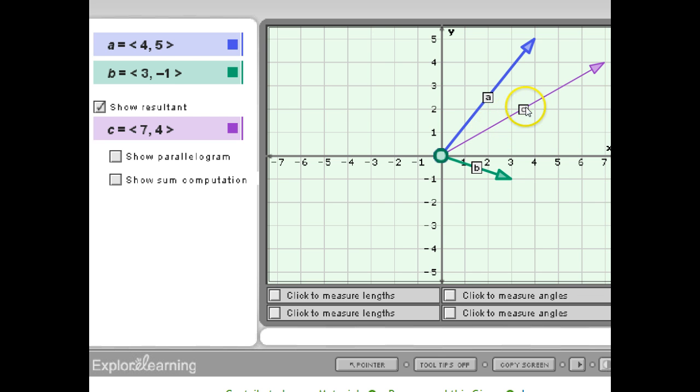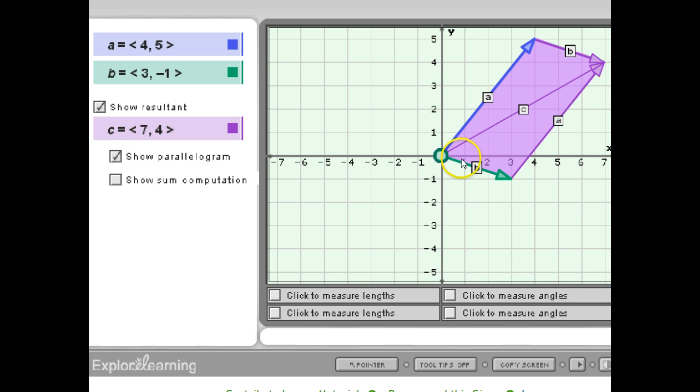The purple is the resultant, we call it. It's where the plane would actually go. If its engine were pulling it in this direction and the wind were pulling it in this direction, it was going to go in this direction but stronger than either of them. The question is, exactly where do we put it? And what we do is we make a parallelogram of forces.